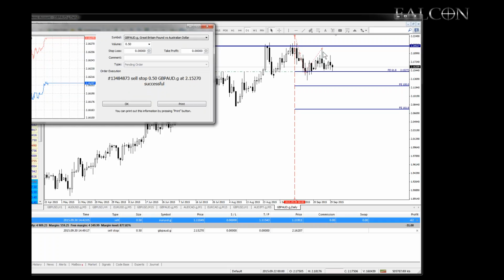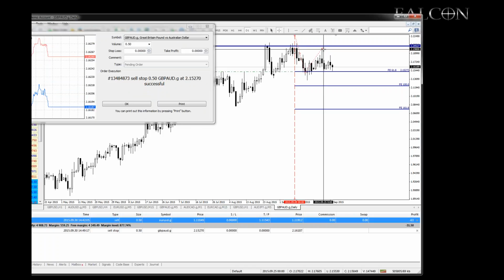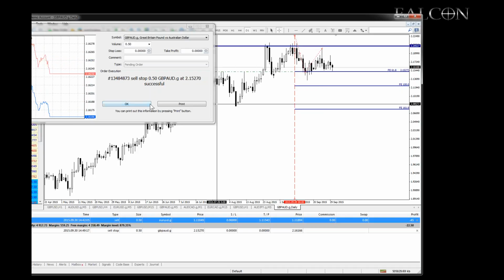Okay, we're going to place that. Now our stop is going to be at this swing high, which is that's a double. What's that? At 2.2000. Okay, so that's pretty easy.